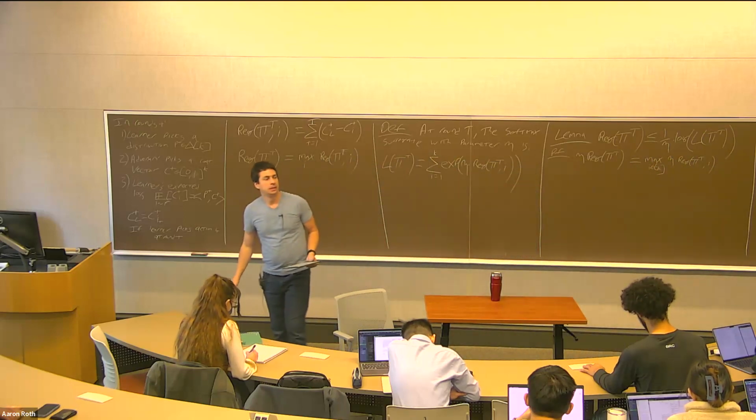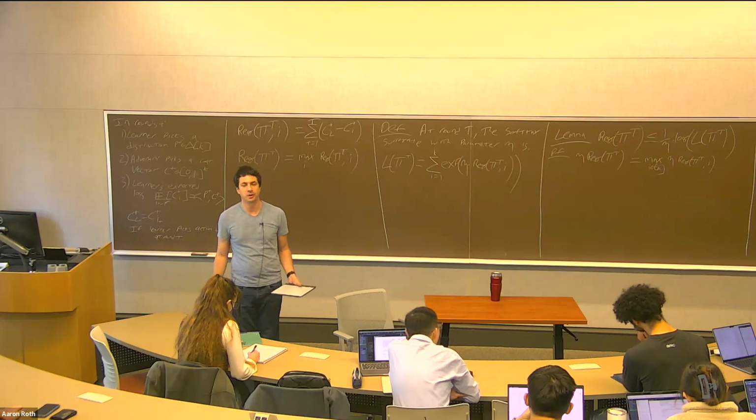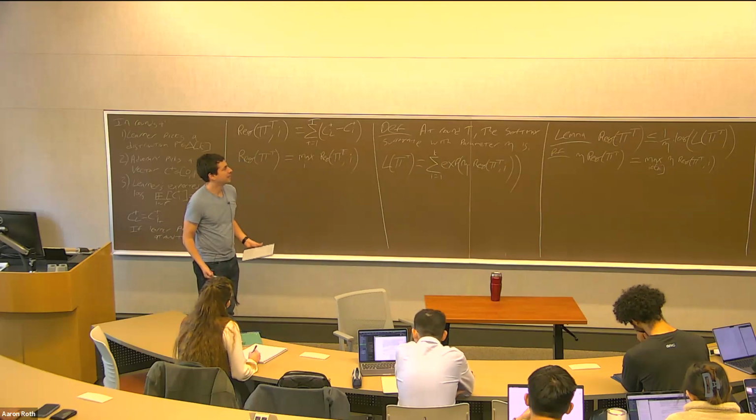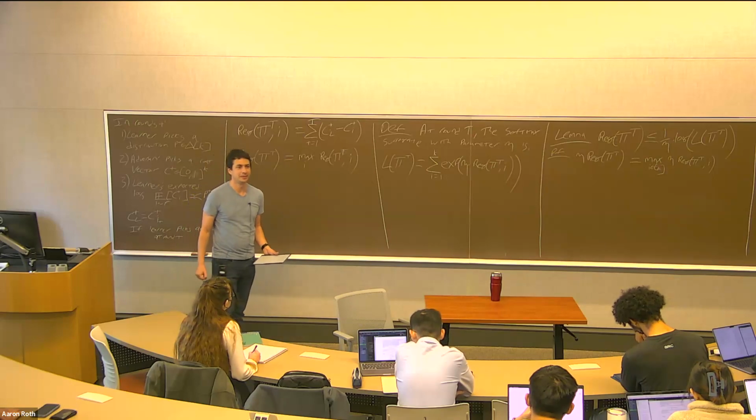I can always add 1 to anything I want as long as I then subtract 1 later. Similarly, I can always exponentiate anything I want so long as I take a log later.